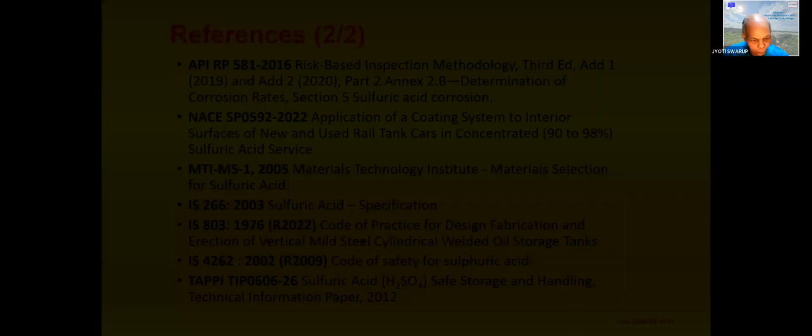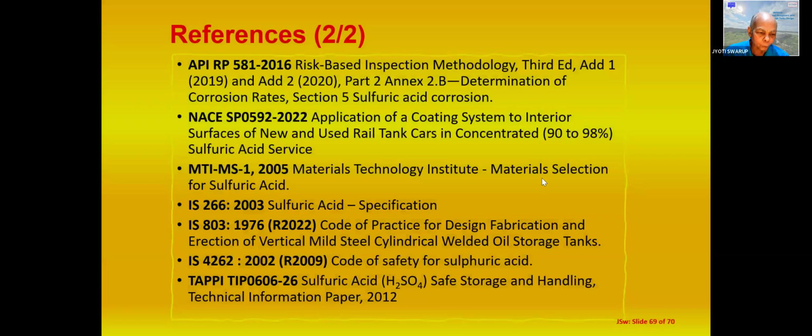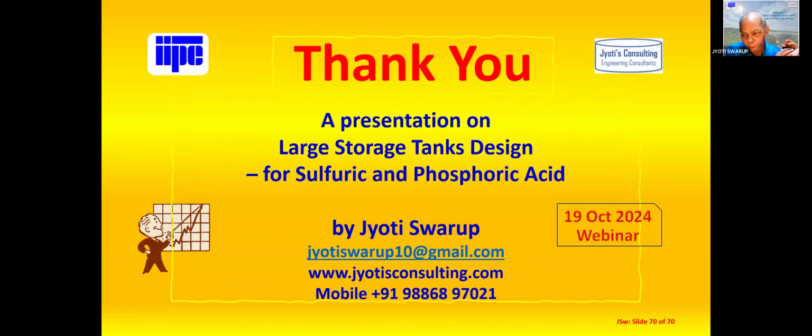And a few other codes like IS we have also mentioned here, which are for the safety of the design of the tank and corrosion allowance. We can calculate using this API 581 table, which is in Part 5. So these are some of the codes which can be utilized if you are going into the actual design of a tank. And this is the end of my presentation.